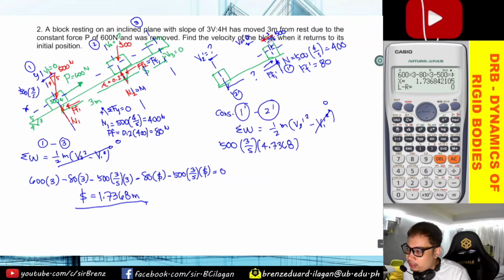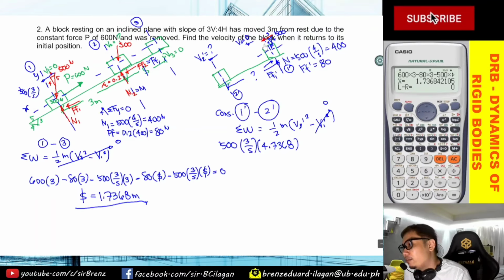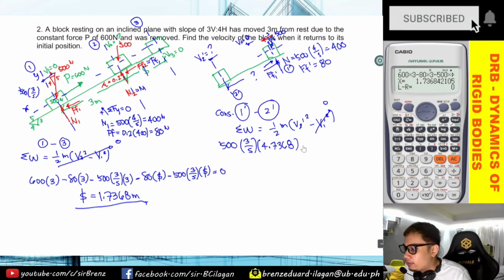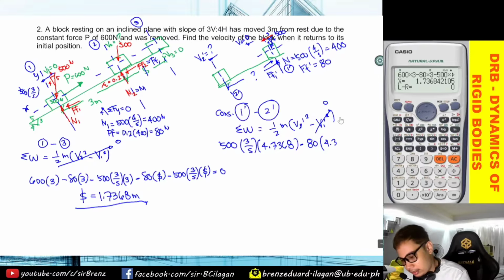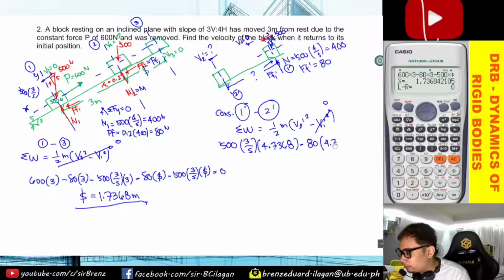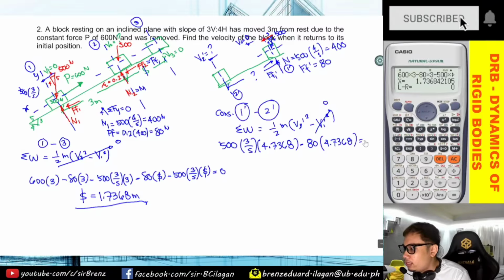So, is there any other force? Just the frictional force. Since it is opposite in direction, minus 80 times the distance 4.7368 is equal to 1/2 of 500 divided by 9.81.